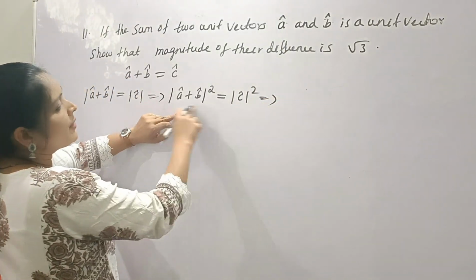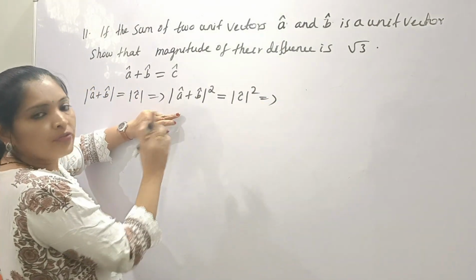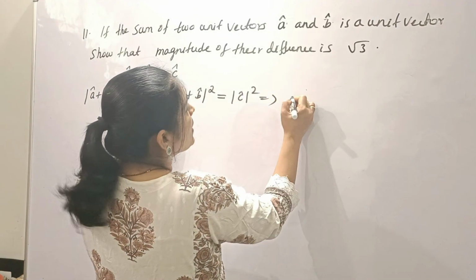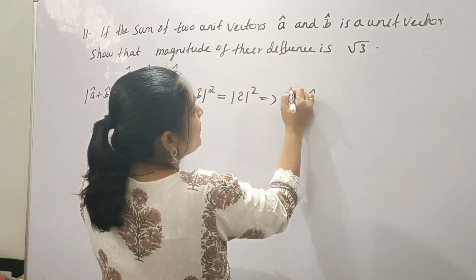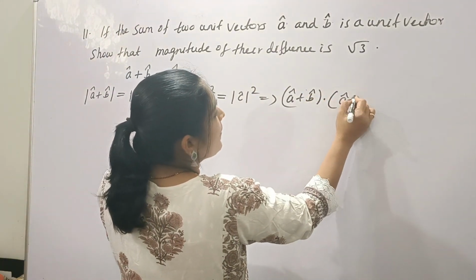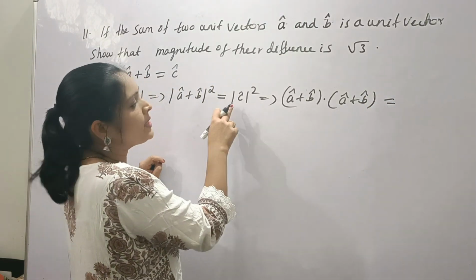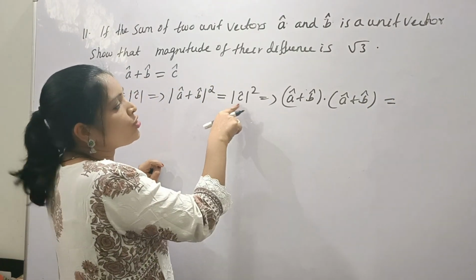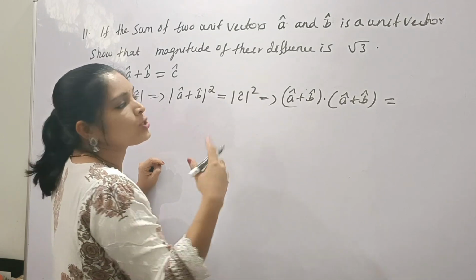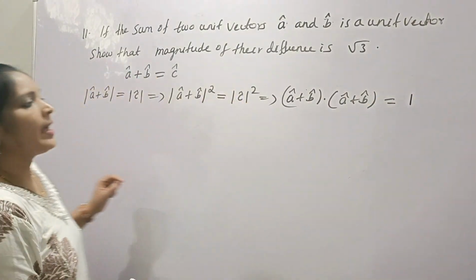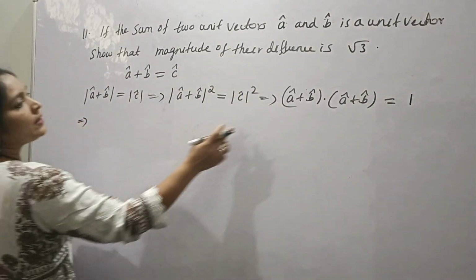That implies here by scalar product of two vectors we can write it as A cap plus B cap dot A cap plus B cap. That is equal to, what is the value of this one? Since it is a unit vector, the modulus of C cap is 1. 1 square is 1. Right? Expand this LHS.